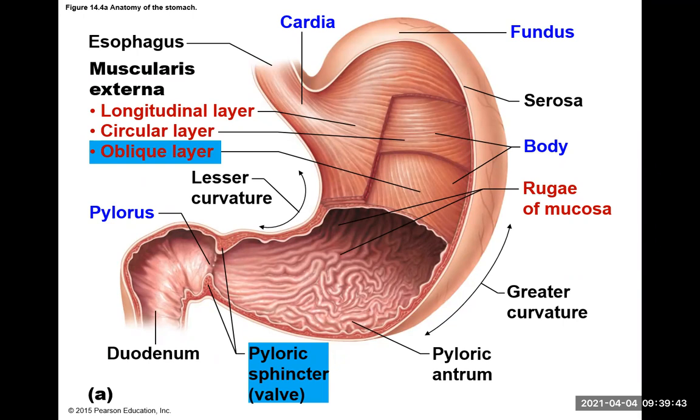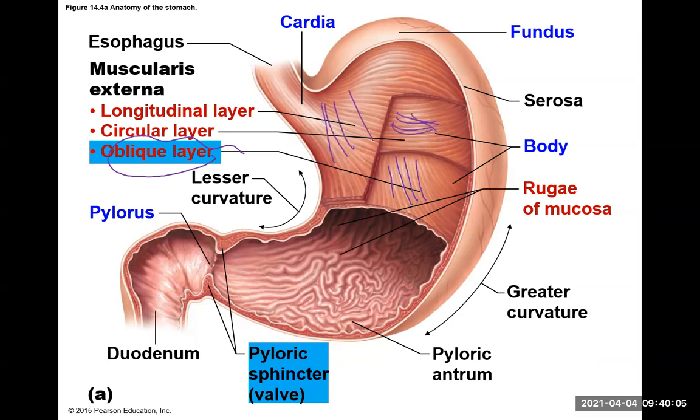But in the stomach, you have an exception. You have to remember this exception. What is the exception? In the stomach, you have an additional layer, which is the oblique layer. So I have an oblique layer, then the circular layer, and then the longitudinal layer.